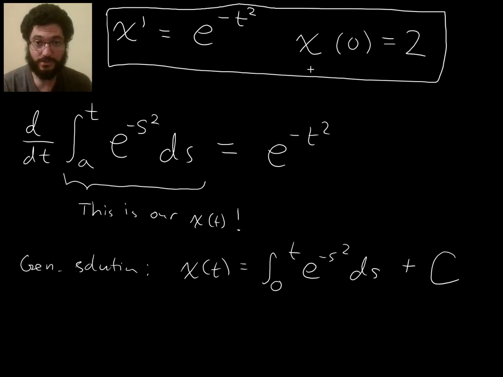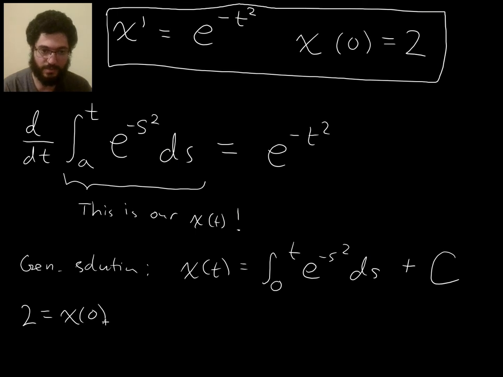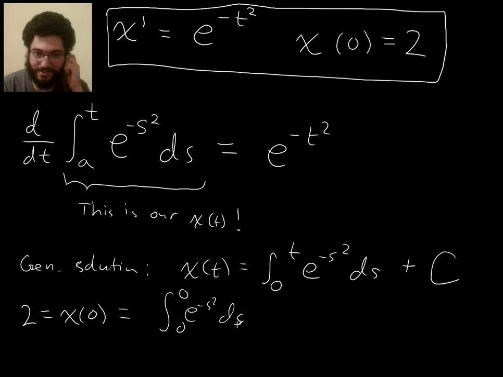What about the particular solution? Let's satisfy the initial condition. We need to demand that 2 be x of 0. That x of 0 is the integral from 0 to 0, plugging in 0 for t, of whatever, plus c. And what's the integral from 0 to 0 of something? 0. So c is just 2 here.